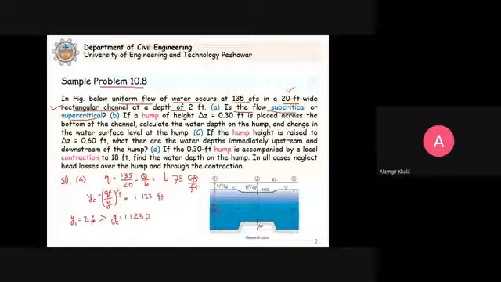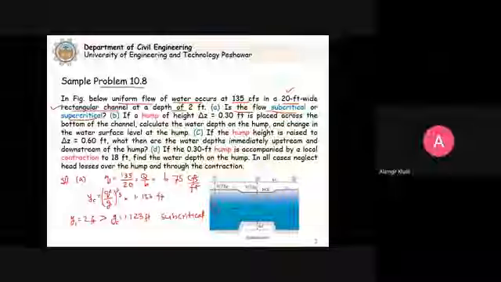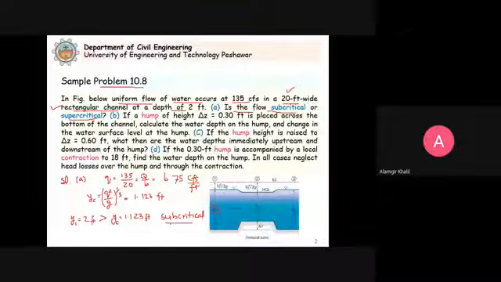So when the depth of flow is greater than the critical depth, it means that we have subcritical flow. And the channel slope is a mild slope, because when the channel slope is mild, we have subcritical flow. So this is the answer to the first part, whether the flow is subcritical or supercritical. The flow is subcritical, because the depth of flow in the channel is greater than the critical depth.